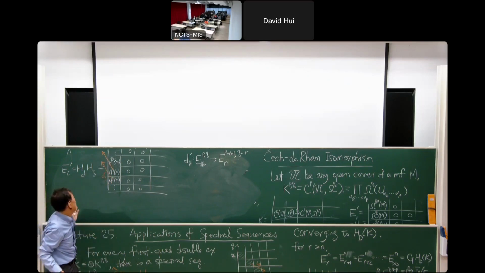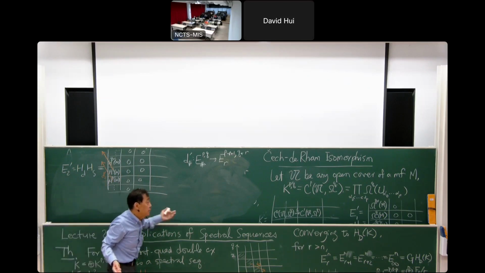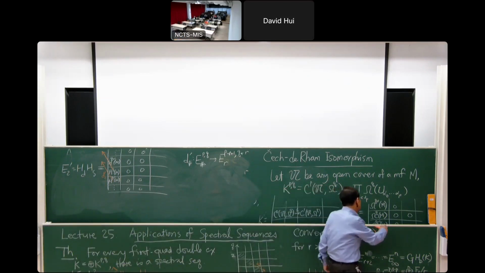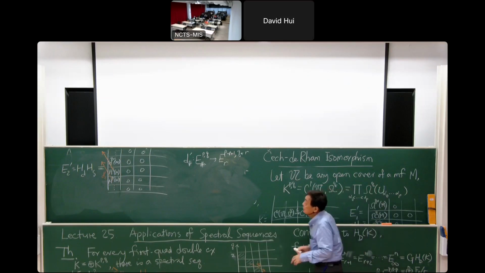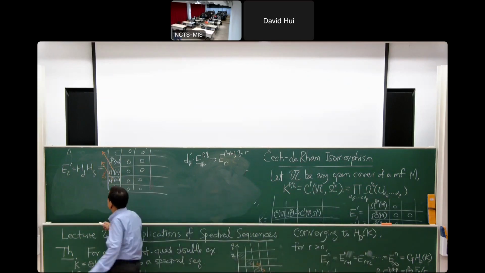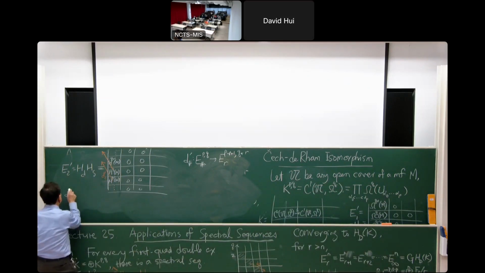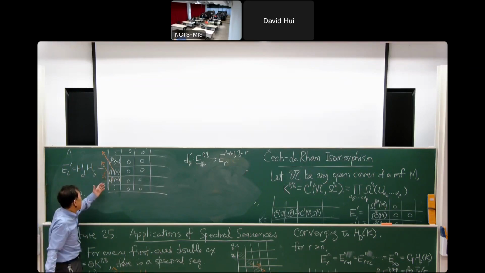Well, what is it then? Because it goes into the zero region, it has to be 0. So D2 prime is 0, and that means the cohomology doesn't change. This is also the picture of E3 prime.